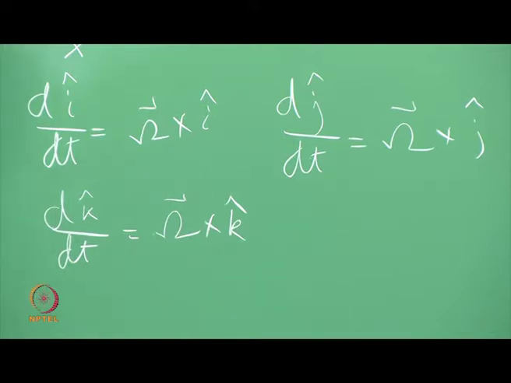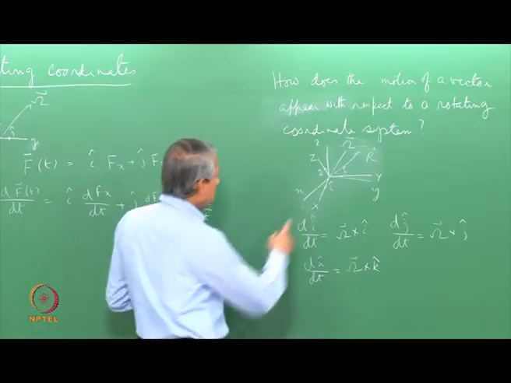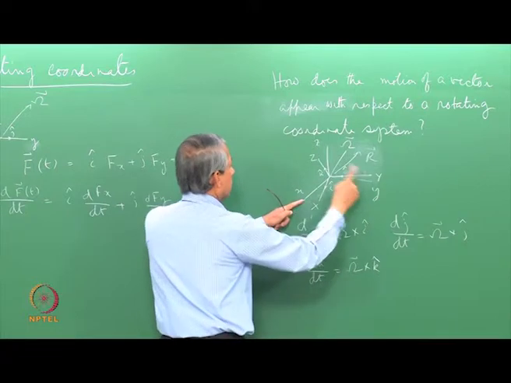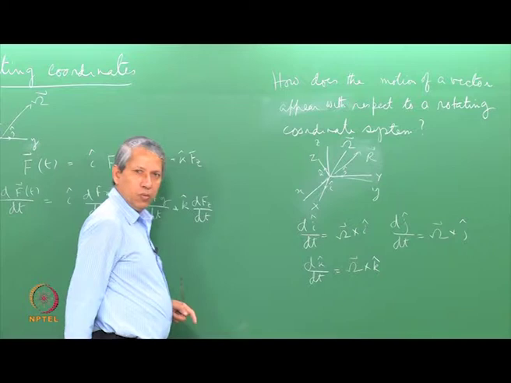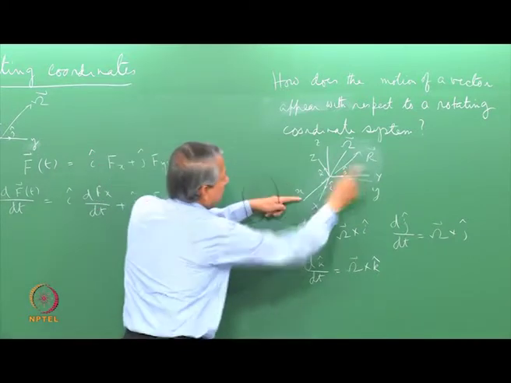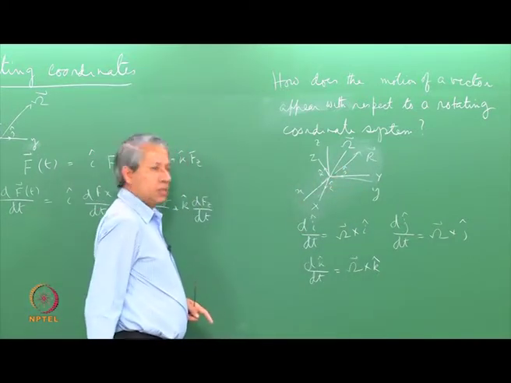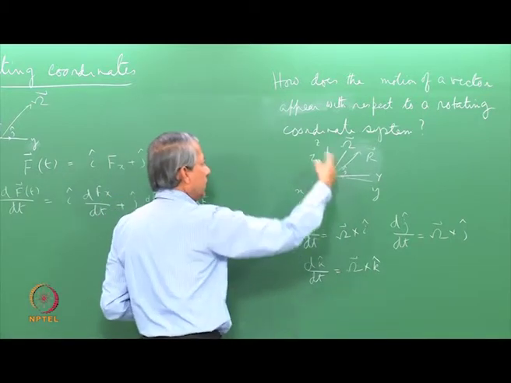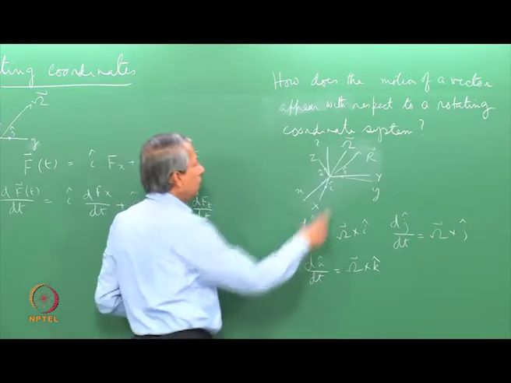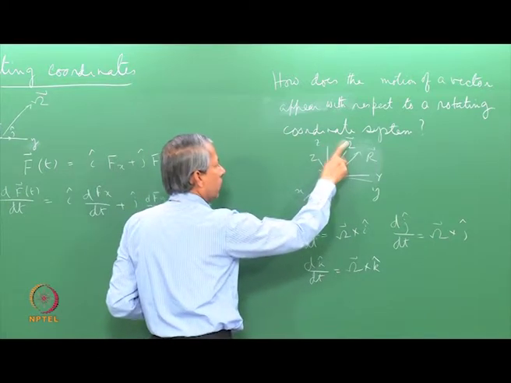So, once again, we should not get confused. With respect to the fixed coordinate x, y and z, I have its own little i, j and k which are fixed with respect to the laboratory fixed coordinate, let us say. But the other coordinate, capital X, Y and Z, they are rotating in a certain direction with an angular velocity omega.